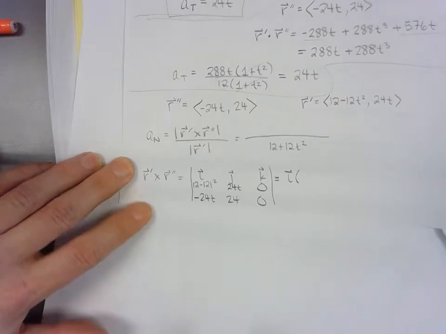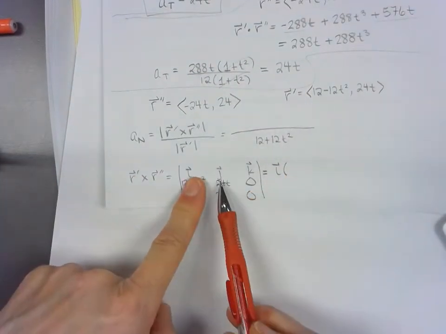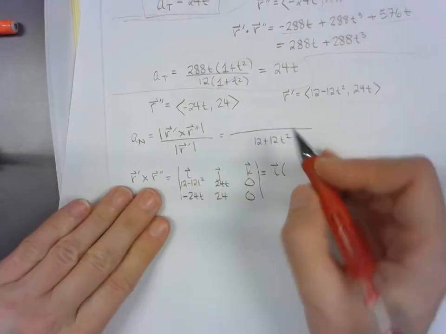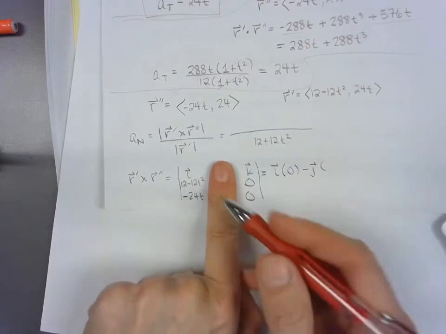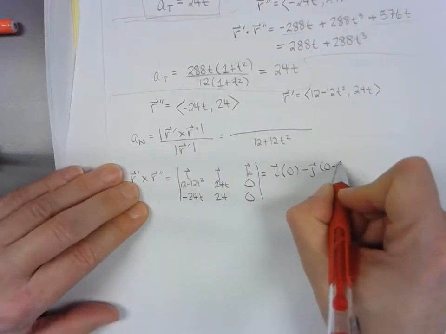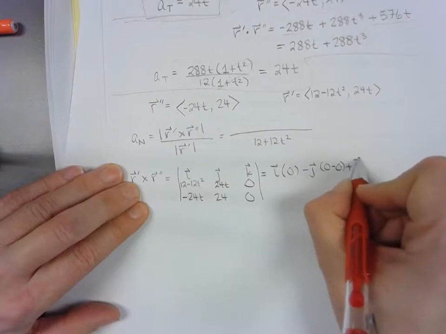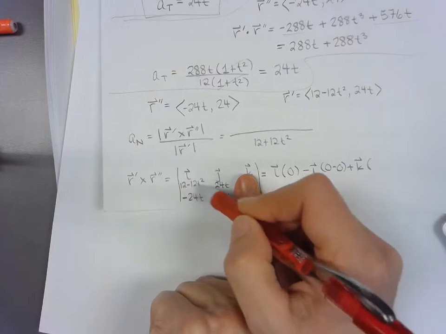Okay, so i is 0 times 0 minus 0. j, 0 minus 0. Plus k. Okay, this times this.